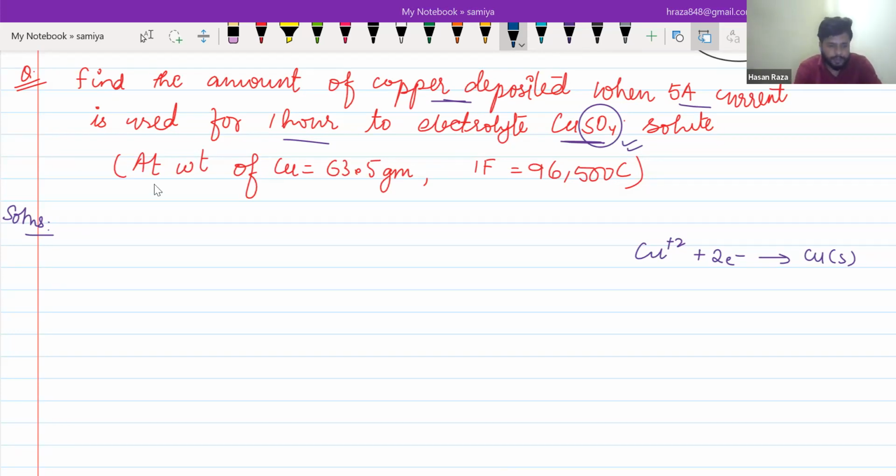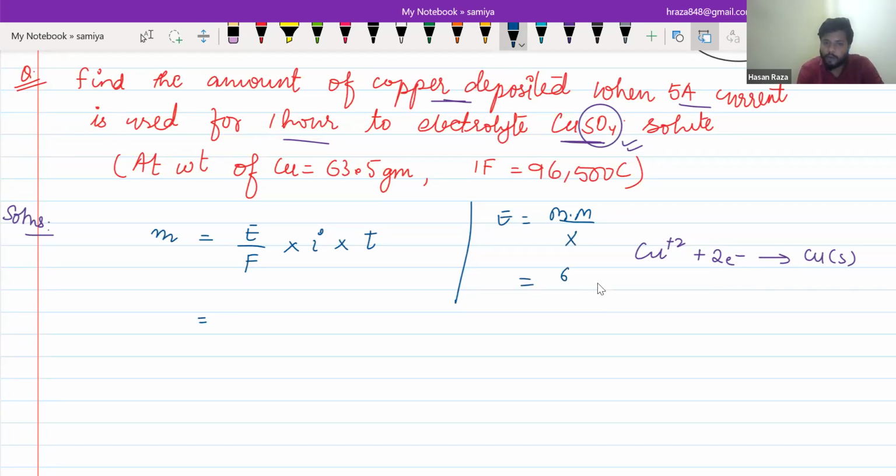Now see, we need to calculate the mass of copper deposited. So M is equal to E upon F into I into T. What is the equivalent weight? Equivalent weight is equal to molar mass upon X, and we are talking about only copper.